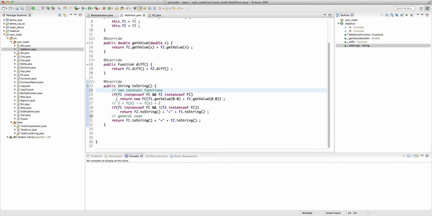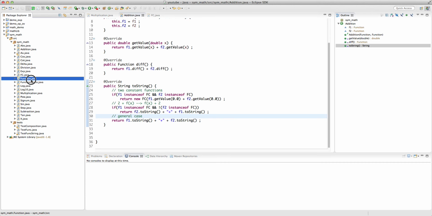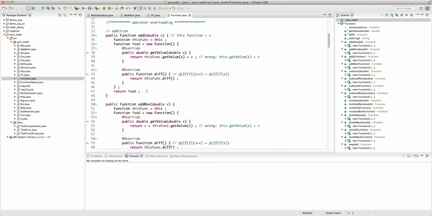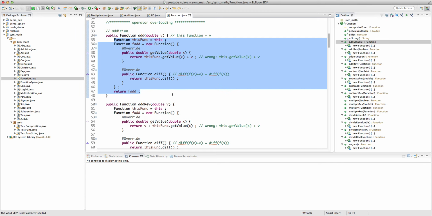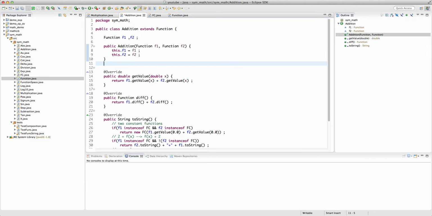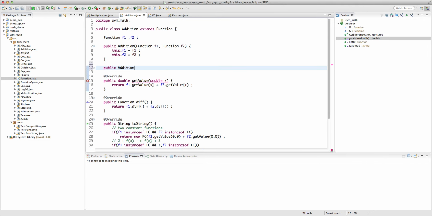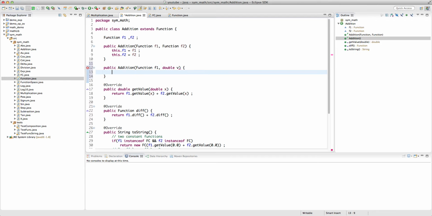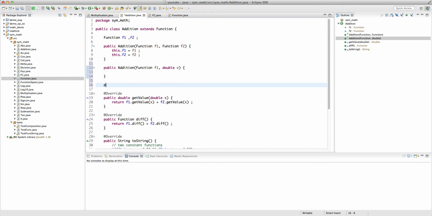Two constant functions, a constant plus a function, and then once we implement the addition, we go back to our function class and take care of it. In the addition we should also have a public addition, for example, function f1 and double v, and then we can similarly have a public addition with double v and function f2.